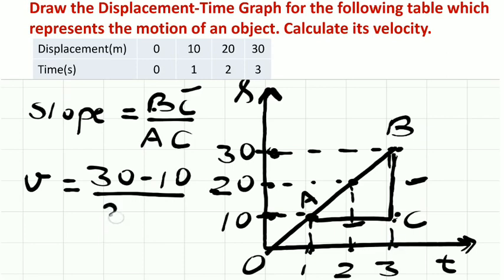So AC will be 3 minus 1. Now solve this. 30 minus 10, this becomes 20, and here 3 minus 1, this becomes 2.